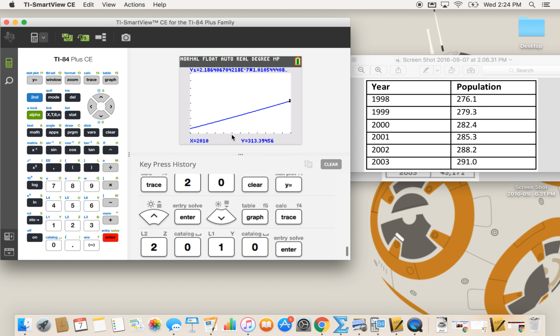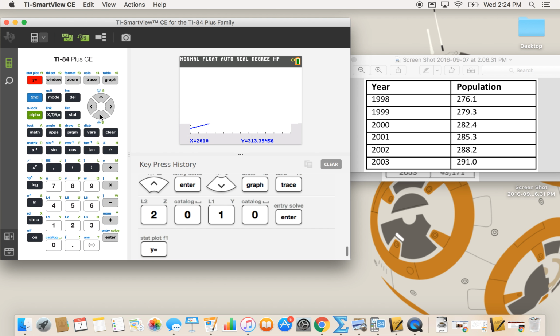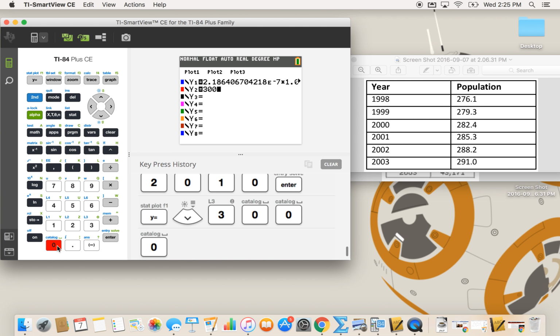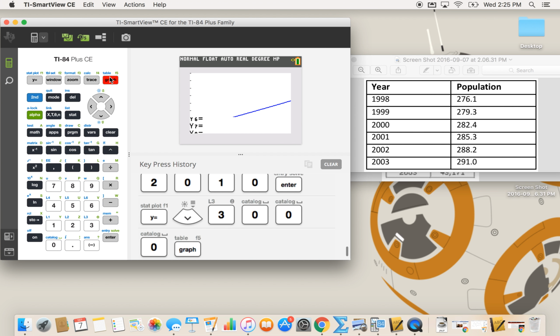Okay, it's very straightforward. Now, if you wanted to figure out when the population is going to reach 300, you would go into your y equals and make a second graph with 300. Then you would graph it, and we're trying to figure out where they cross.